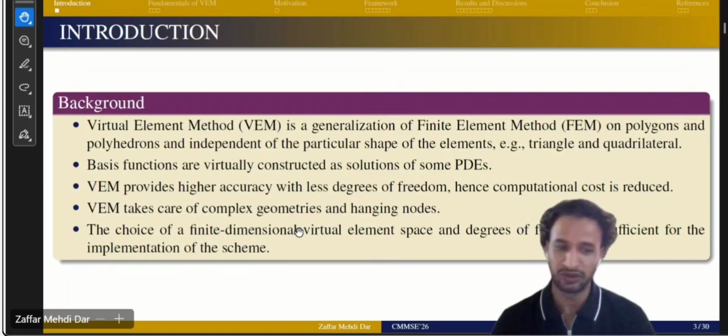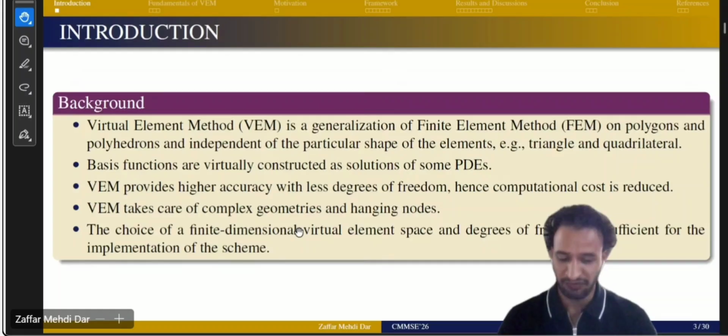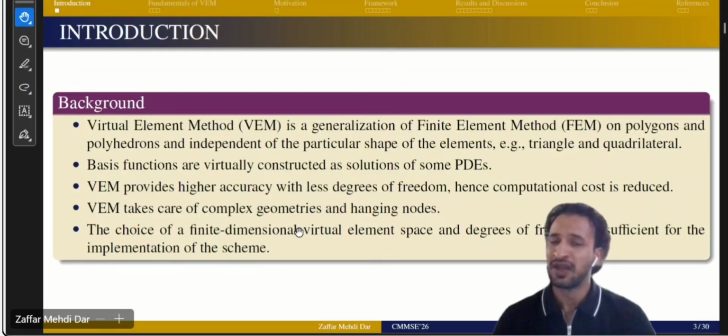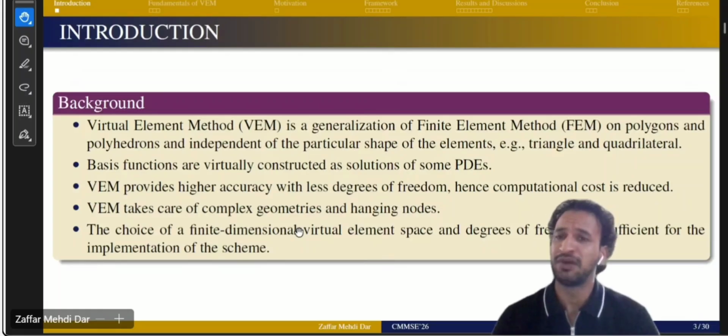The hanging nodes can be included in any element geometry, and it can be formed as any arbitrary polygon or arbitrary element. Just by choosing the finite dimensional virtual element space and knowing the degrees of freedom, these two components are sufficient for us to implement the virtual element scheme for any governing partial differential equation.